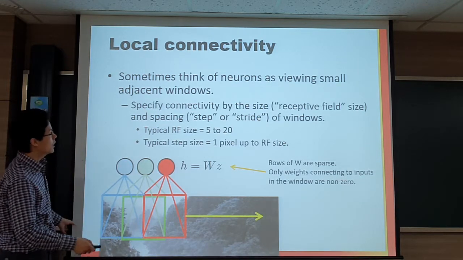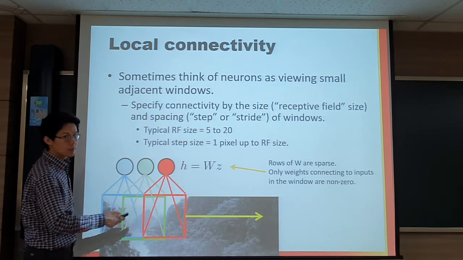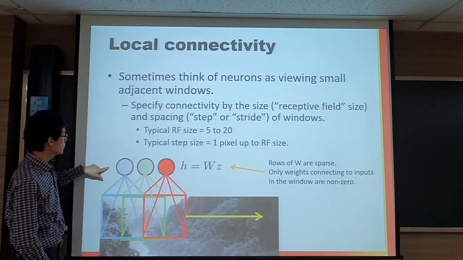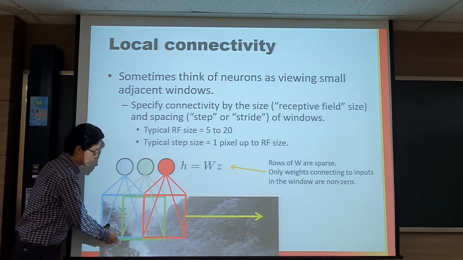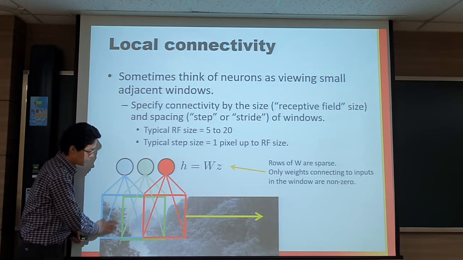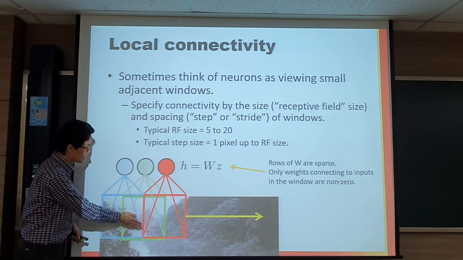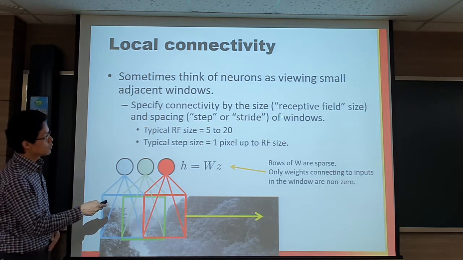That's also known as the receptive field. It means that to compute the output value here, we look at this window. Based on the values of the pixels in this local window, we compute this value, right? That's the definition of the receptive field.